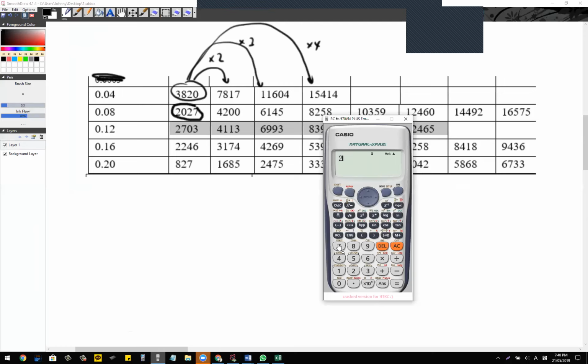This one, so 2,703 times by 2 is not that. This times by 3 is not that. So if we assume this is F2, divide this one by 2. So 2703, I'm going to assume that this is F2, and then you figure out F1.